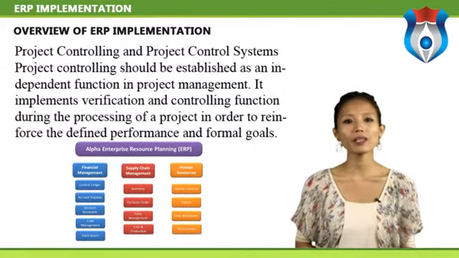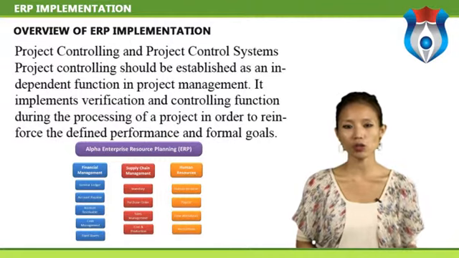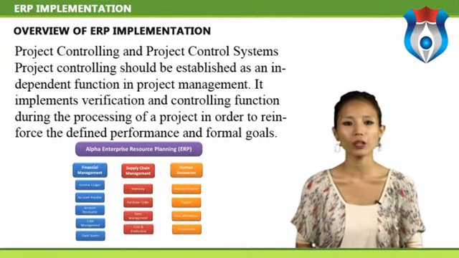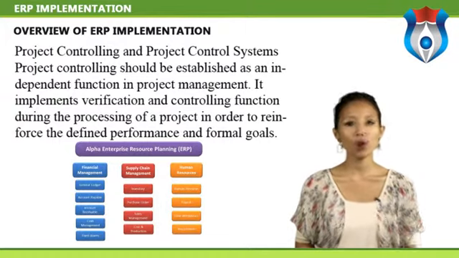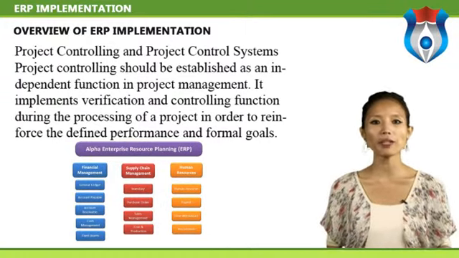Project controlling should be established as an independent function in project management. It implements verification and controlling functions during the processing of a project in order to reinforce the defined performance and formal goals.